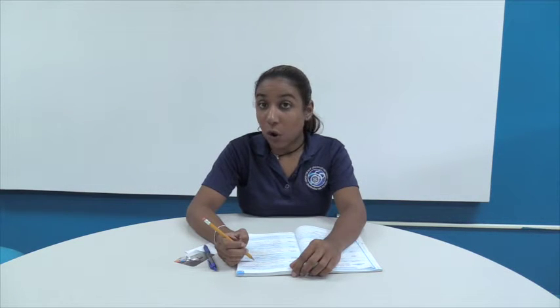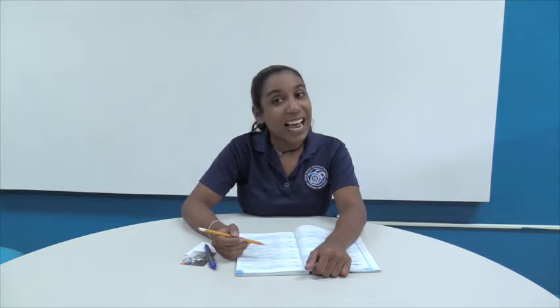Number 9, makeshift. It's a noun, and it means a temporary substitute for something else. It's also an adjective: crude, flimsy, or temporary. Okay, so how is it used in a sentence? Let's look at the way it's used as a noun. The boards and cinder blocks are only a makeshift until the bookcase arrives.